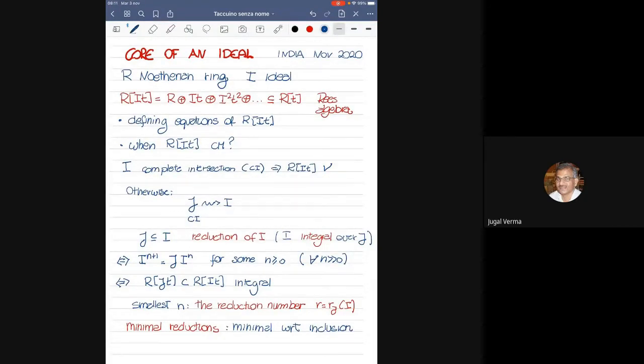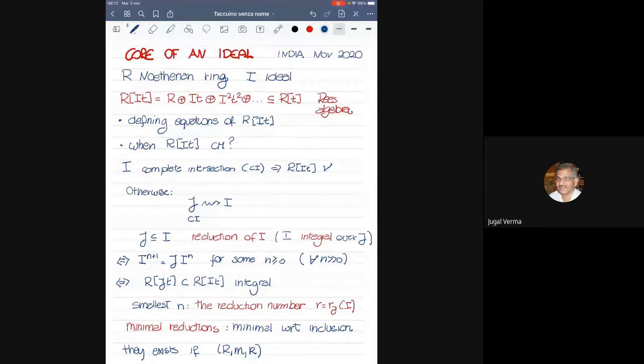They exist if our ring is a local ring. So we assume now that we are in a local ring from now on, because then minimal reductions indeed exist.